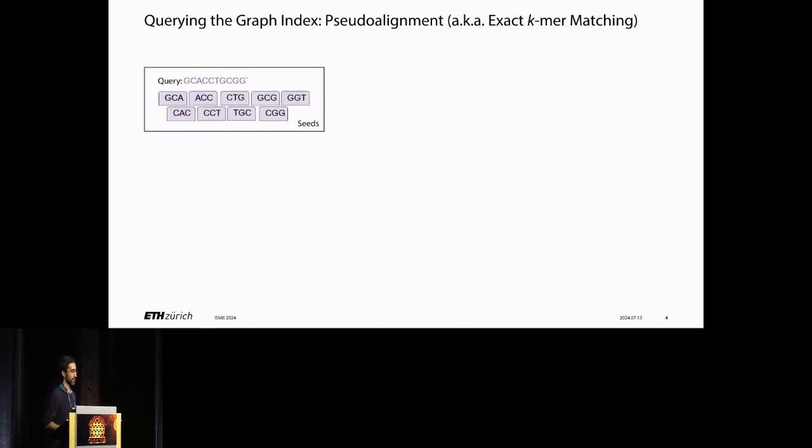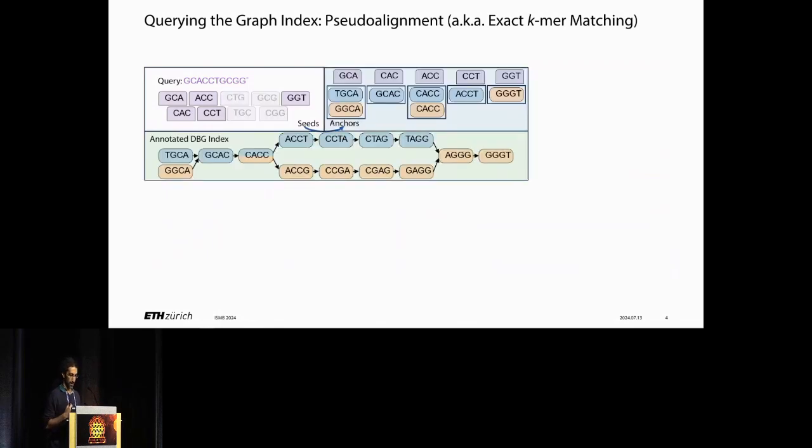Given this sequence, we start by first breaking it down into seeds and then mapping these seeds against the graph to get anchors, where an anchor is a matching between a seed and a graph node. And here you see that we have different anchors for each color in the graph.